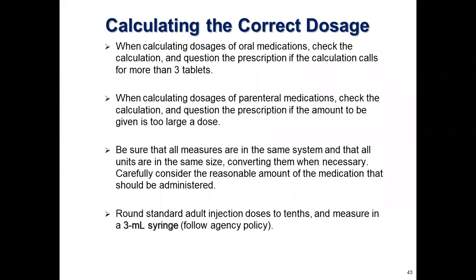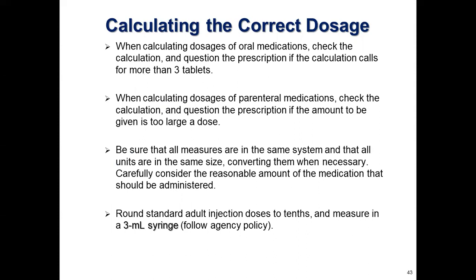Now let me discuss a little bit more about calculating the correct dose. When calculating the dose of oral medication, always check the calculation and question the prescription if the calculation calls for more than 3 tablets.